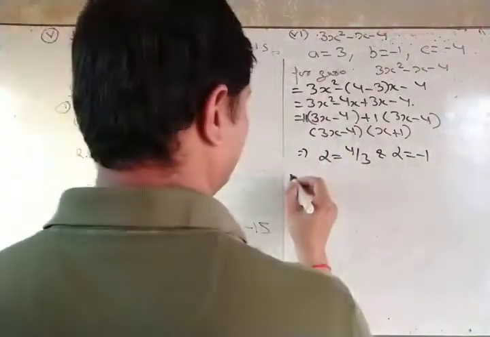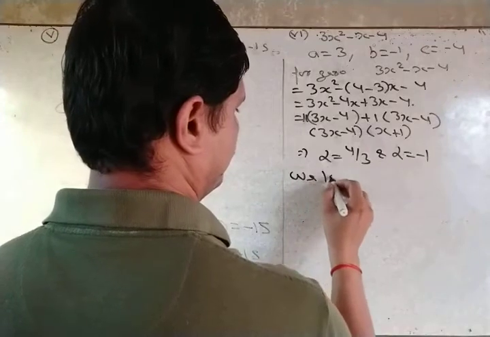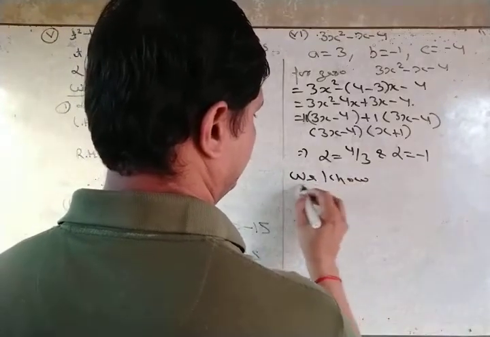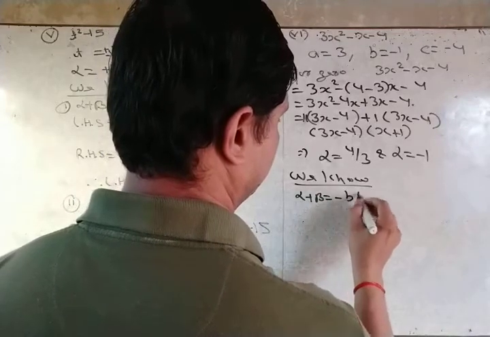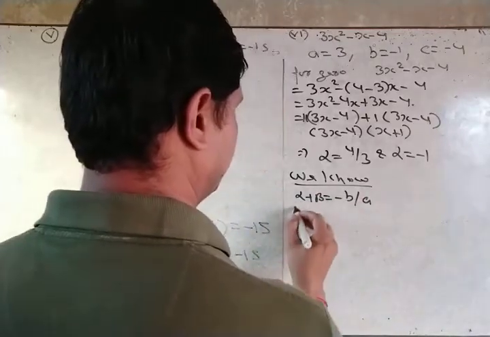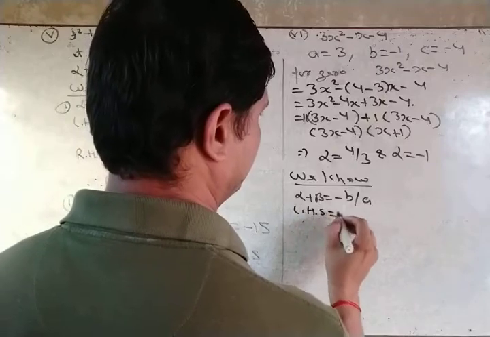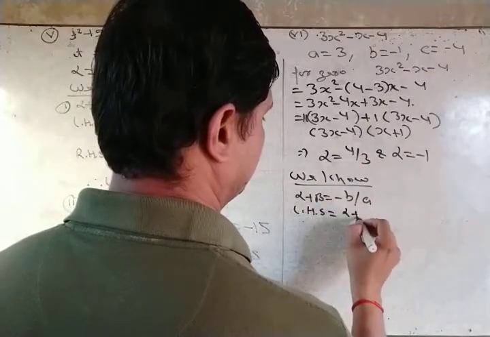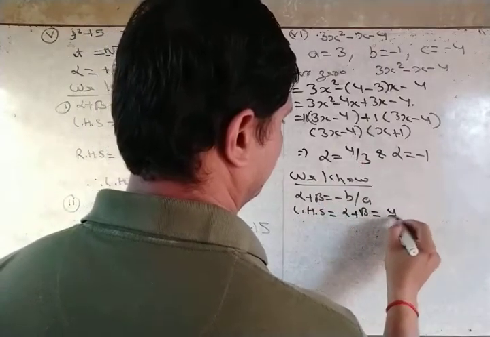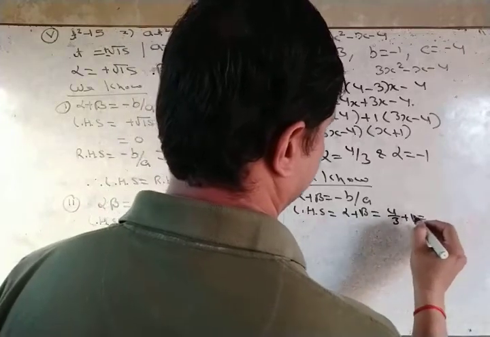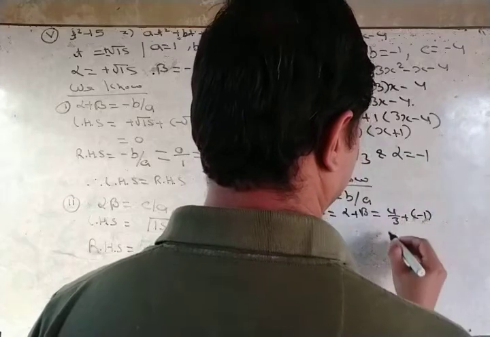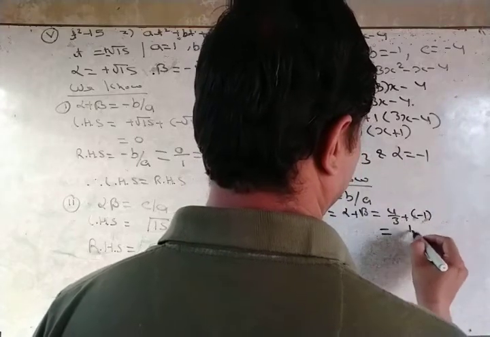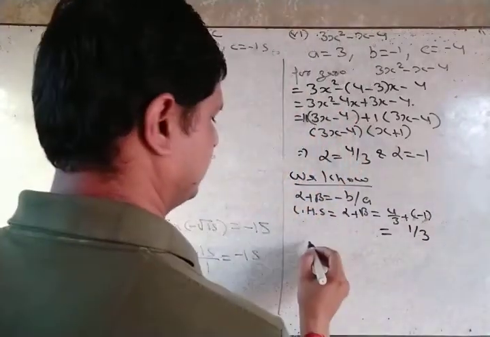Okay, now we know alpha plus beta is equal to minus b by a. Verification, LHS is equal to alpha plus beta. Alpha is 4 by 3 plus minus 1, this comes out to be 1 by 3.